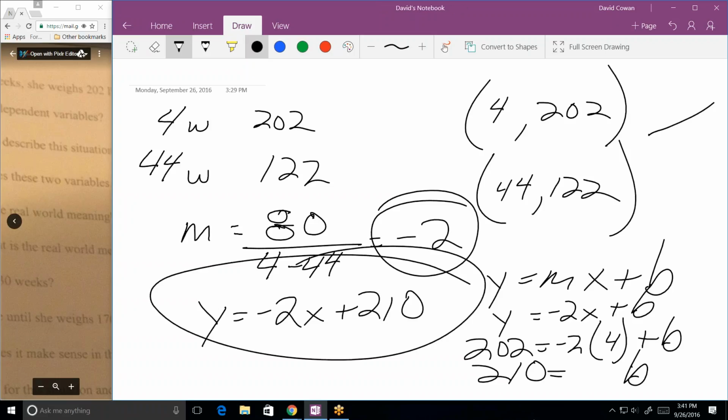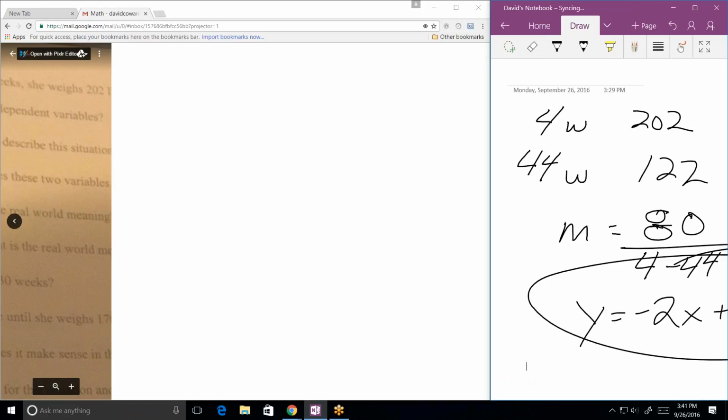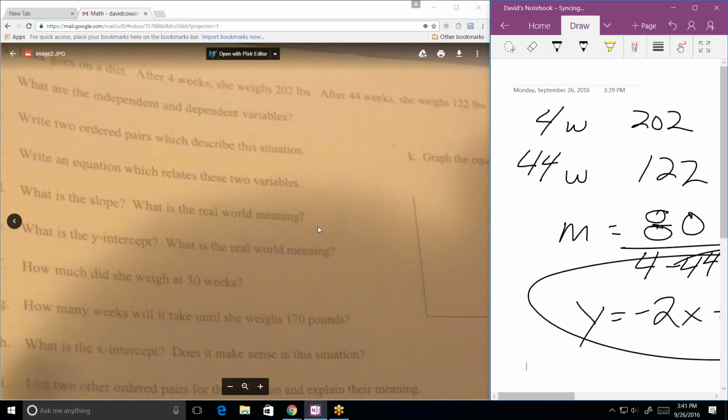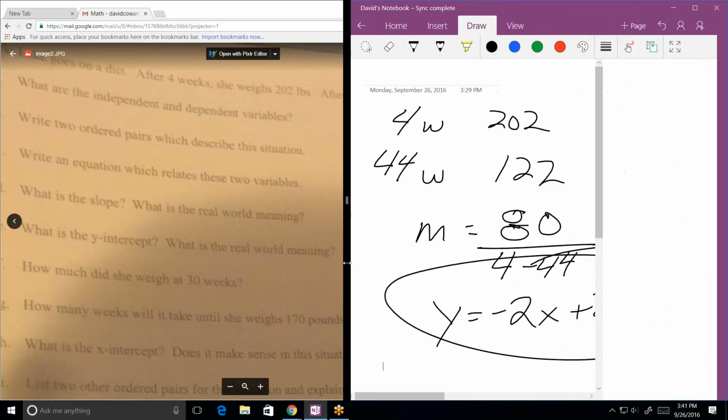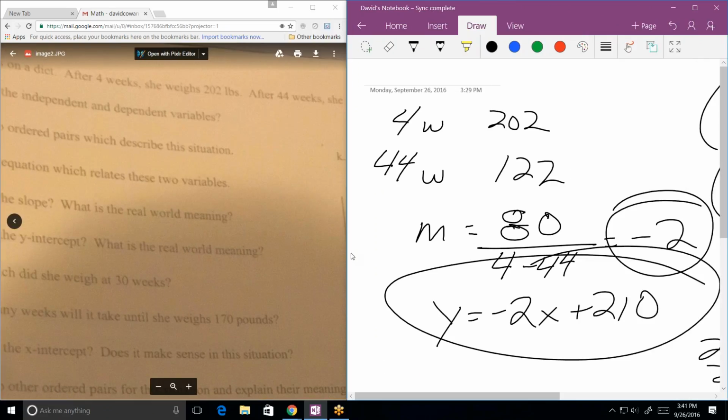All right. Hold on. What's the slope? What you've already come up with, minus 2. What's the real world meaning of that in this context? 2 pounds every week. Yep. What's the y-intercept?